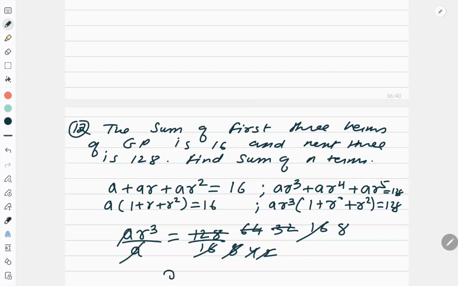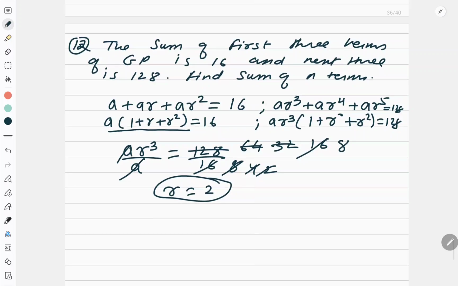So R is equal to 2. Okay. Now see very clearly, you got value of R is equal to 2. You can substitute it here and you can get the value of A. Right? So if you get the value of A here, what will be the value of A? Just substitute here. So A is equal to 16 by 7.